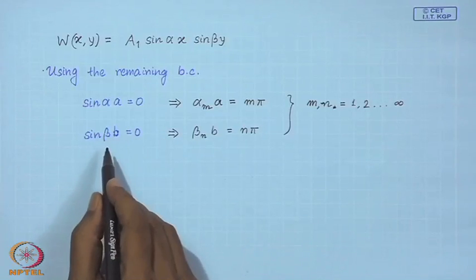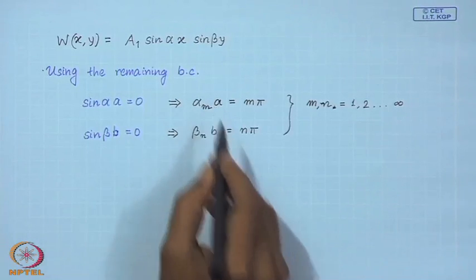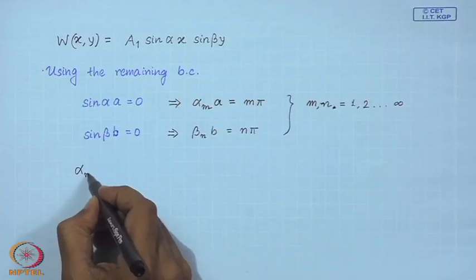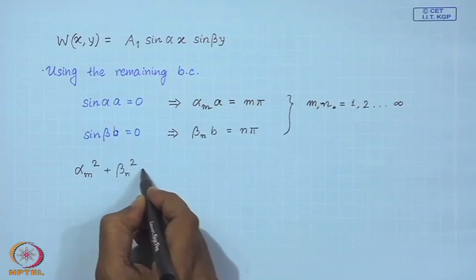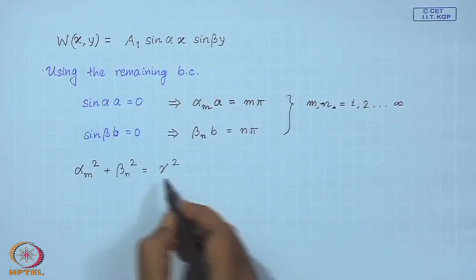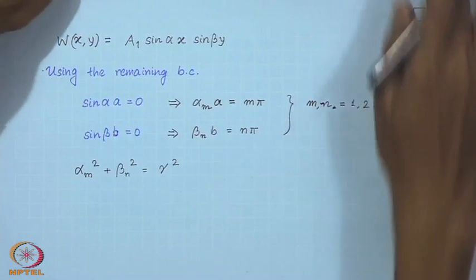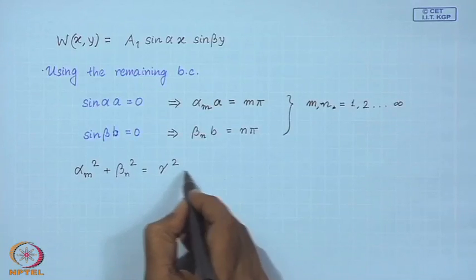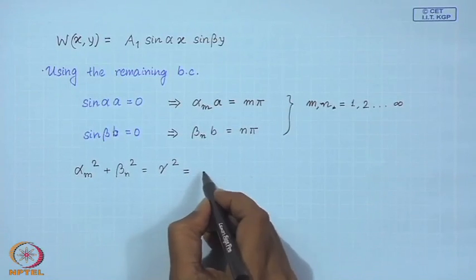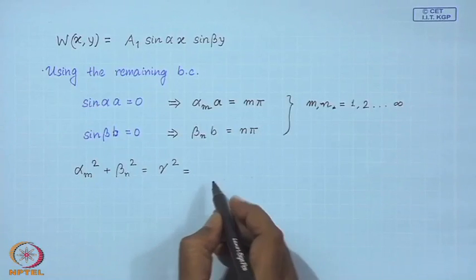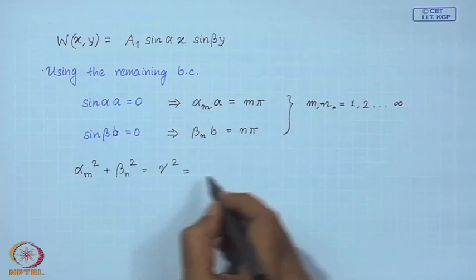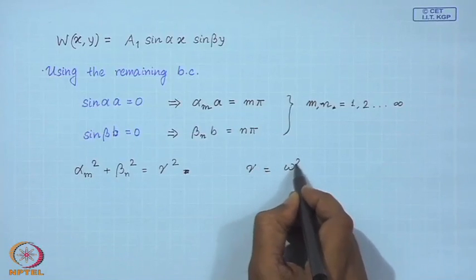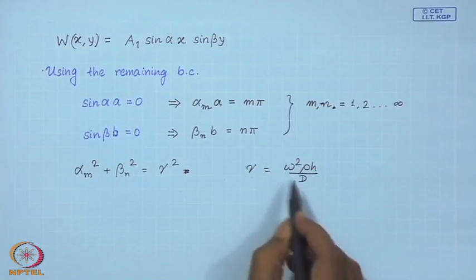So, if you recall the definition of this, the condition or the constraint on these alpha and beta must be equal to gamma square, and if you look back, this gamma square, so you have this gamma was defined as, so this gamma had this omega square.